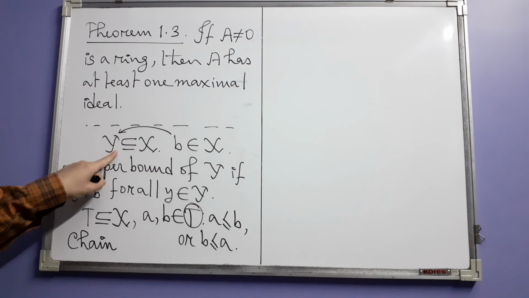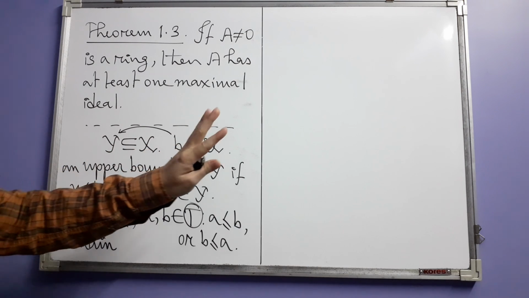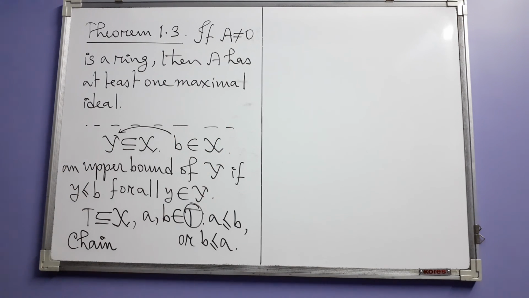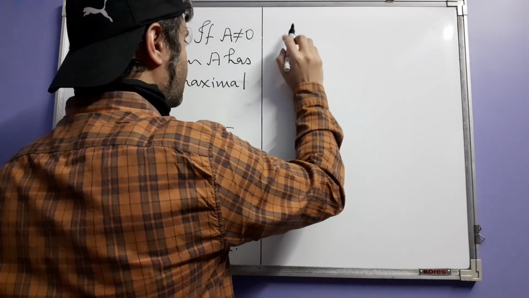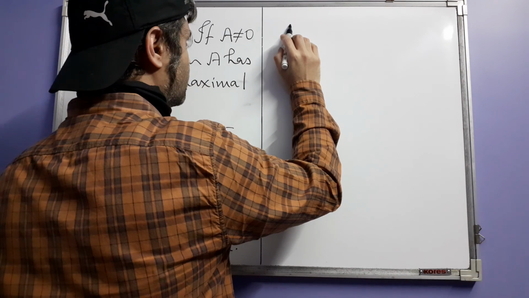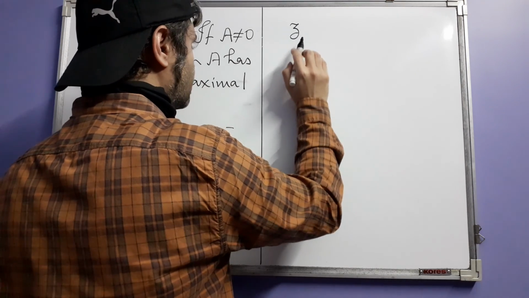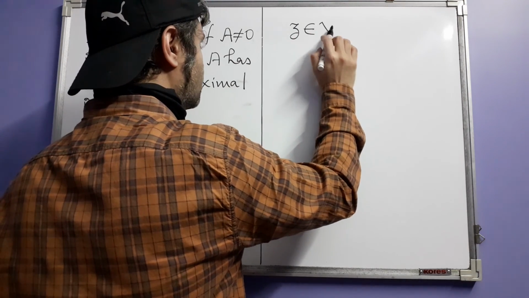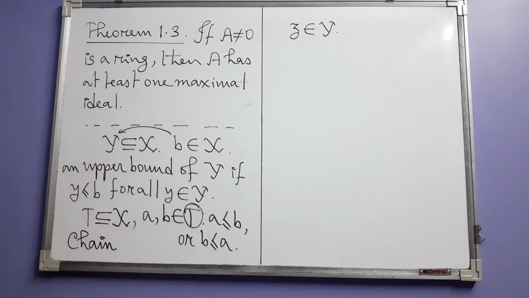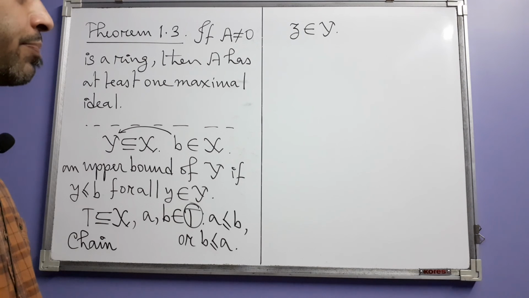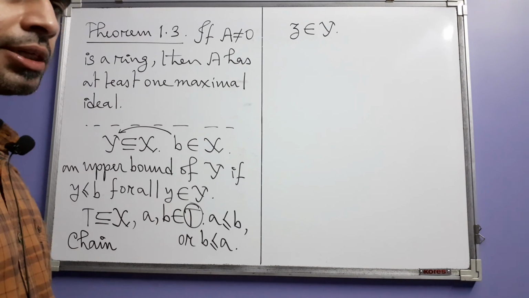Again, assume that Y is a subset of X, where X is a partially ordered set. Suppose you encounter a special element. Let me call it Z. This element is an element of Y. Okay. What type of special element is it?